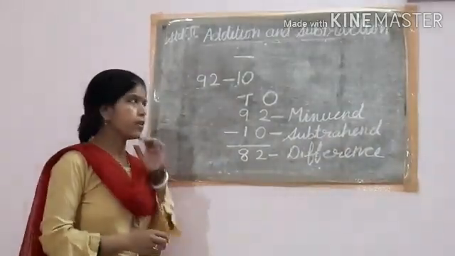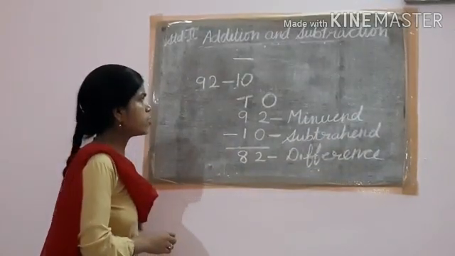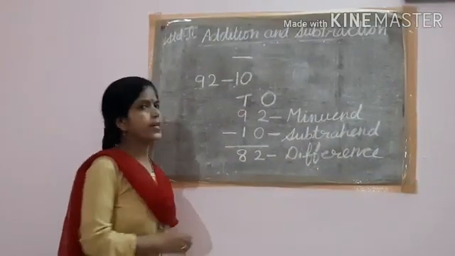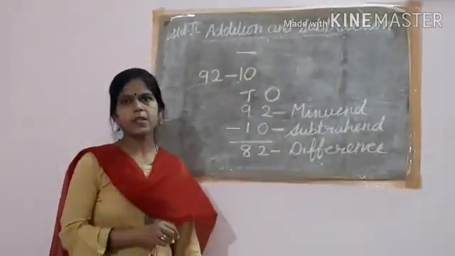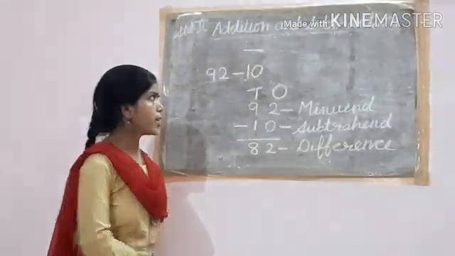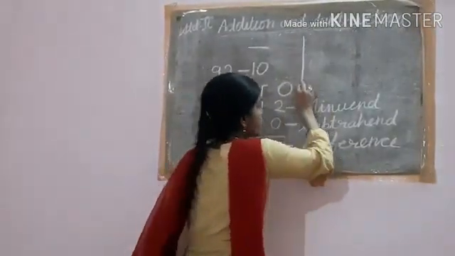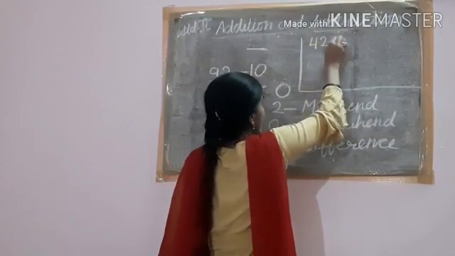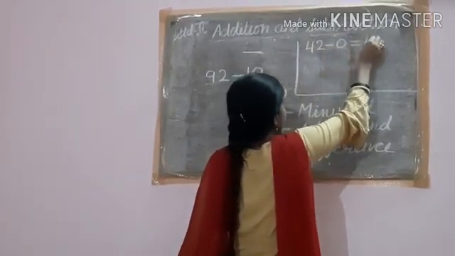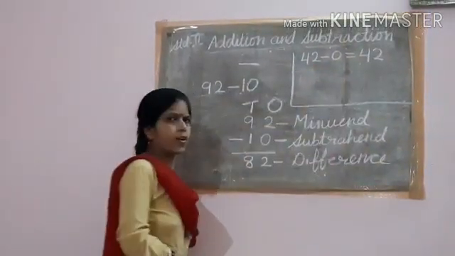And you have learned some of the rules also, that when we are subtracting 0 from any number, then the answer is the number itself. Like here, I am showing you, suppose 42. I am subtracting 0, then the answer is the number itself, 42.